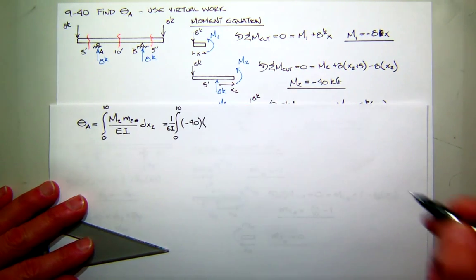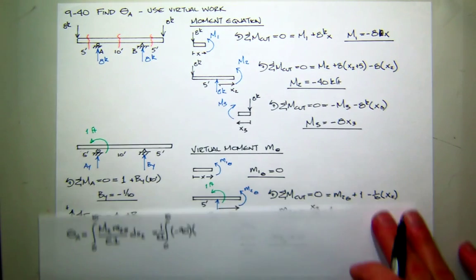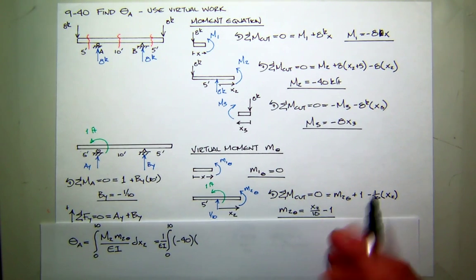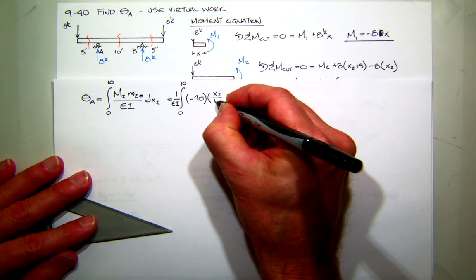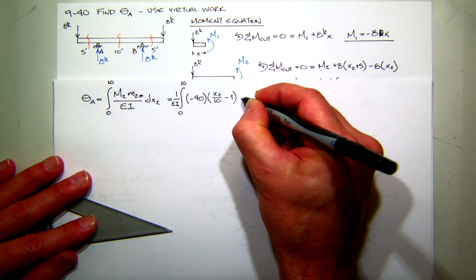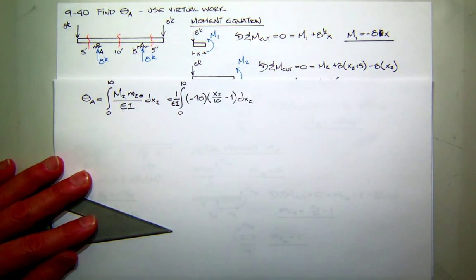So my virtual moment was, what was it? I lost it. Oh, there it is. x2 over 10 minus 1, dx2.